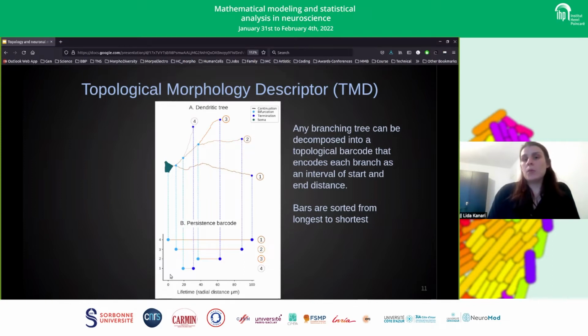And the idea comes from persistent homology. The idea was to trace back each one of these branches and see how they connect to the root. You can do that with many different types of distances, but we can take as an example the radial distance. So here you see a very simple tree.